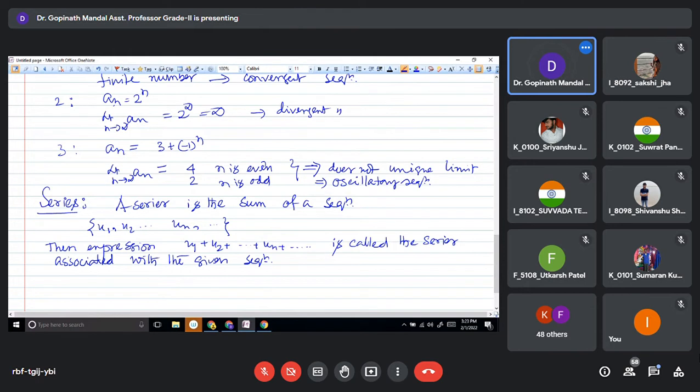Now, if the number of terms of a series is limited, that is finite, then the series will be called a finite series.